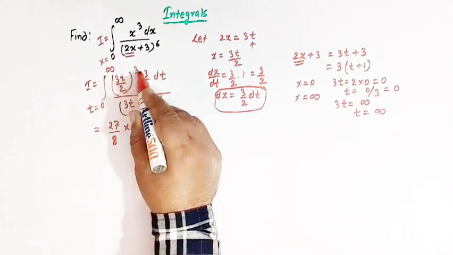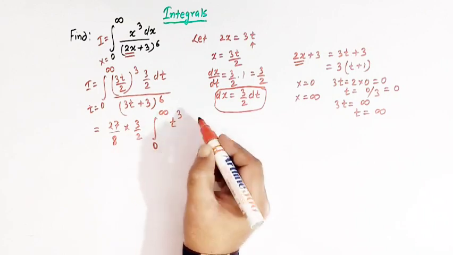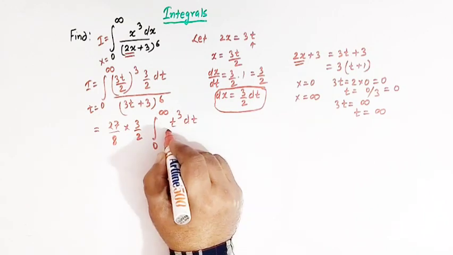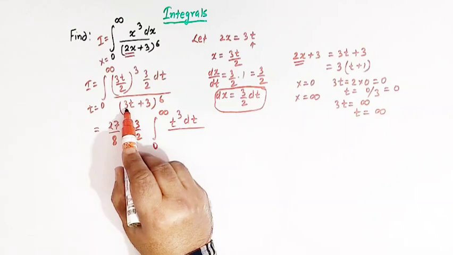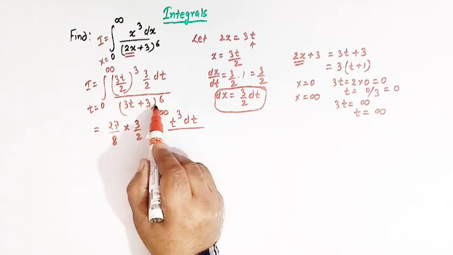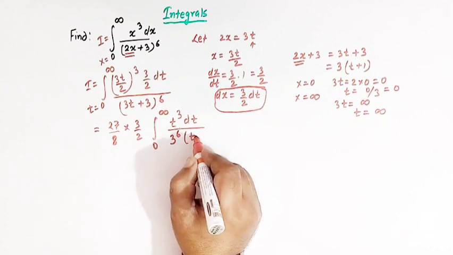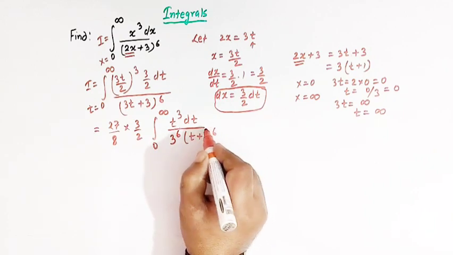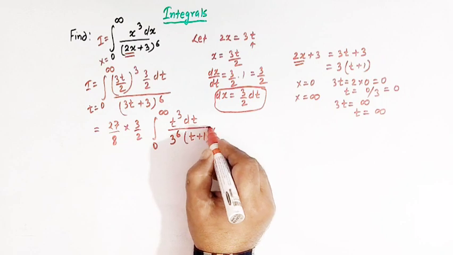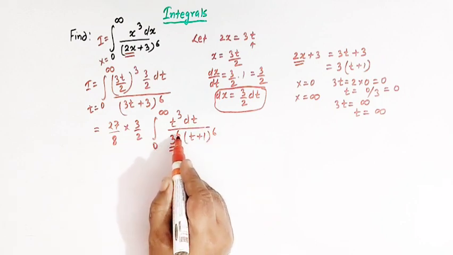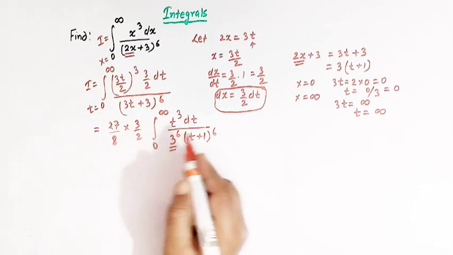We are simply left with t cube, and here we have dt. And see, here if we take 3 common, then we have 3 raised to 6 and (t plus 1) raised to 6. Okay, so now we can take this 3 raised to 6 out of the integral.